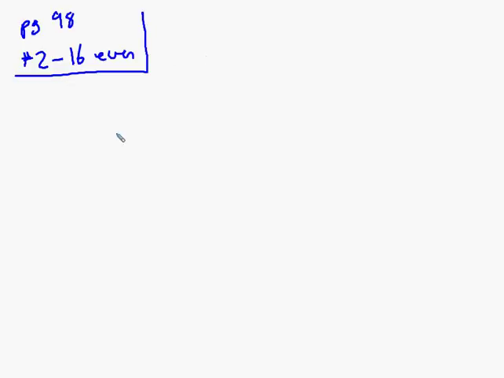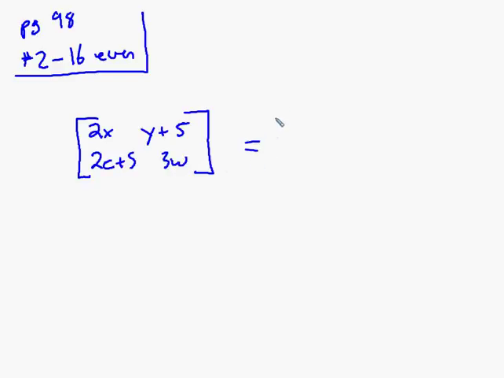So we have talked about matrices. So we can have matrices that are equal. So let's say I put 2x here, y plus 5 here. Maybe I put a 2c plus 5 there. Maybe right here I put a 3w. And over here I put a whole other thing.